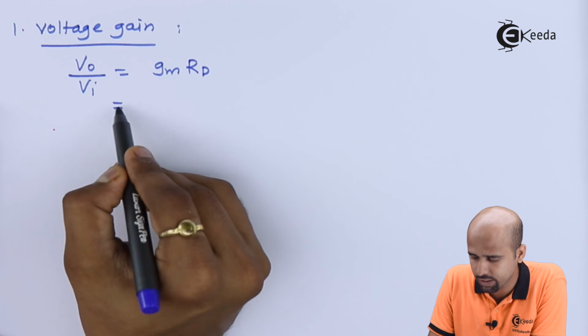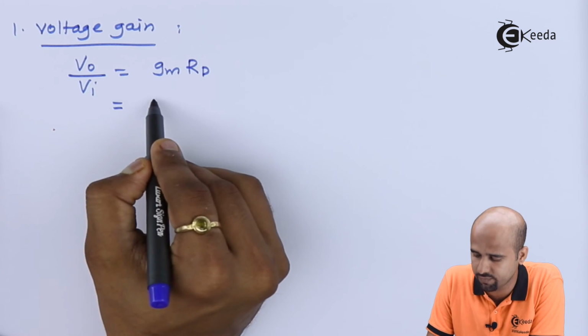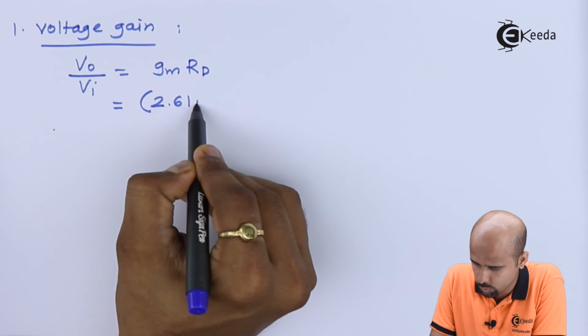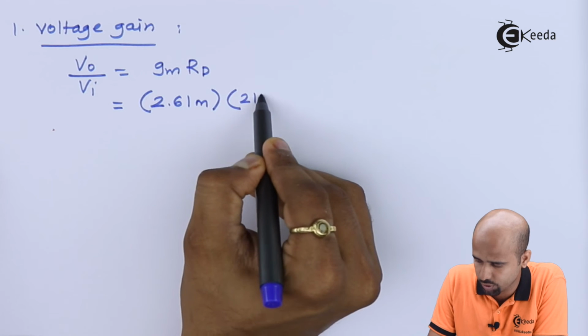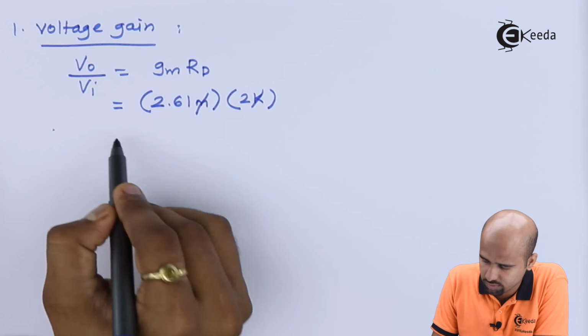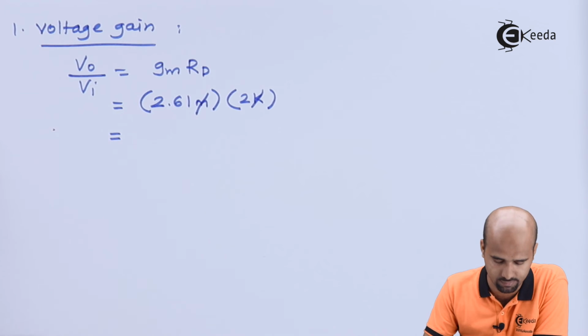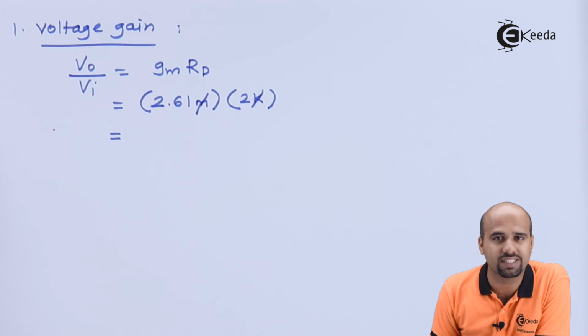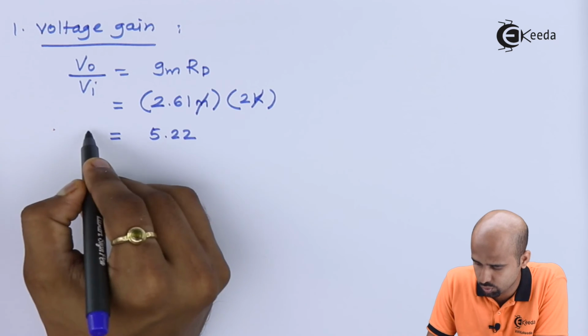What's the value of capital RD? Capital RD is 2K. GM value we already have taken: 2.61 milli is the value of GM and capital RD is 2K. Milli times K, we multiply. We will be getting the value of voltage gain as 5.22.